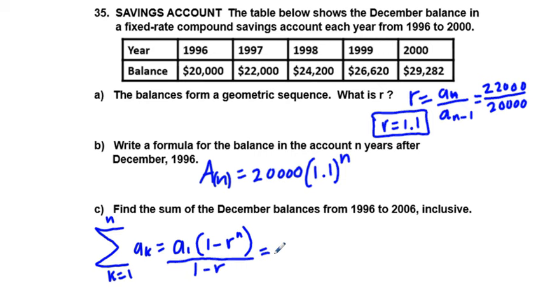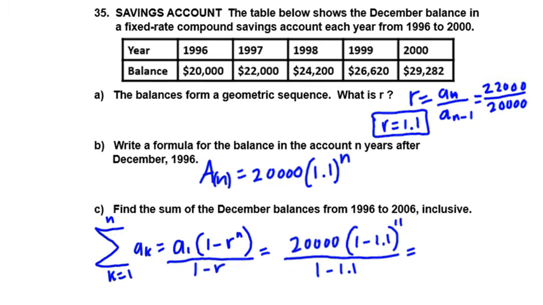So in this case, what we have is $20,000 times 1 minus 1.1 to the power of 11 over 1 minus 1.1.